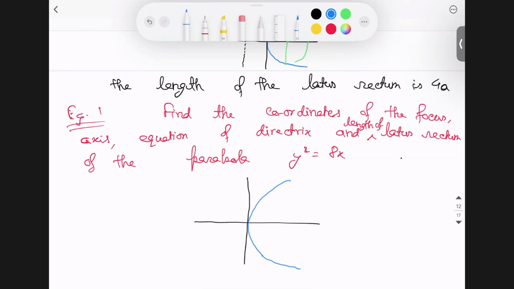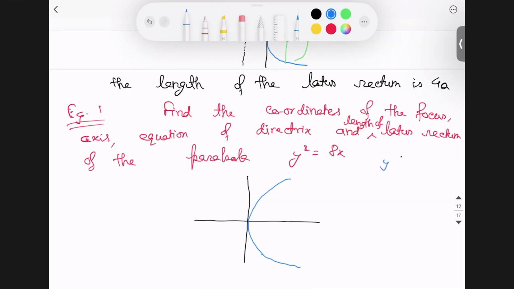From the equation we can clearly see that the axis of symmetry will be along the x-axis, and the sign represents that the parabola opens in the positive direction. It is of the form y square equals 4ax. If we compare these two equations, then 4a equals 8, which further implies a equals 2.